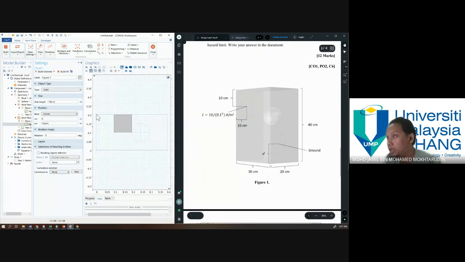So the 10 cm is actually measured from here until the edge, okay, the side of the electrode. So we need to adjust a bit. So D now is measured from here until the center of the electrode.